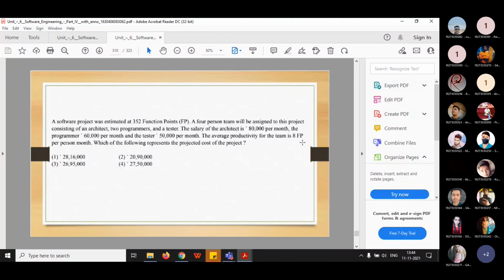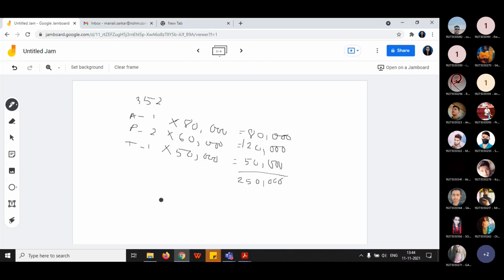That means for 4 persons it will be 8 into 4. And how many function points are there? 352. So it will be 352 by 8 into 4.